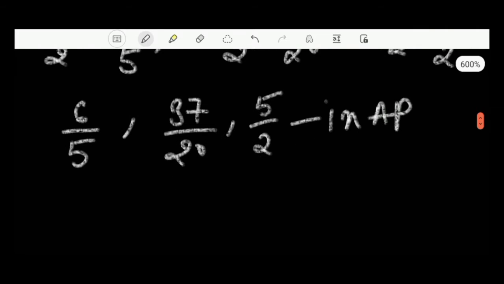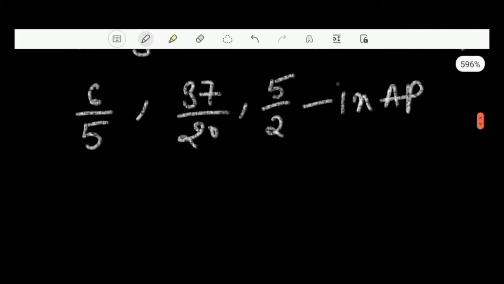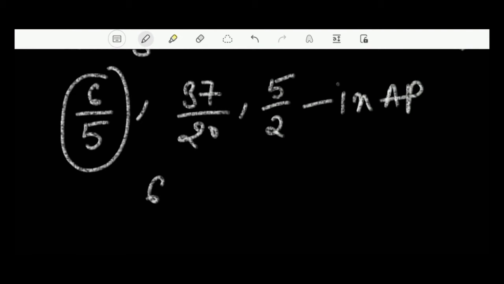So let's check my claim. We have to just equate its denominators. For the first term, we can simply multiply it by 4.